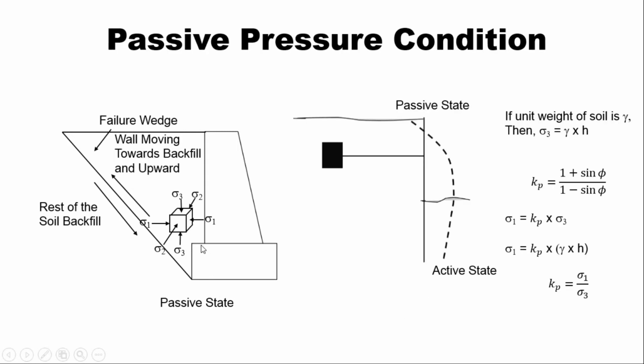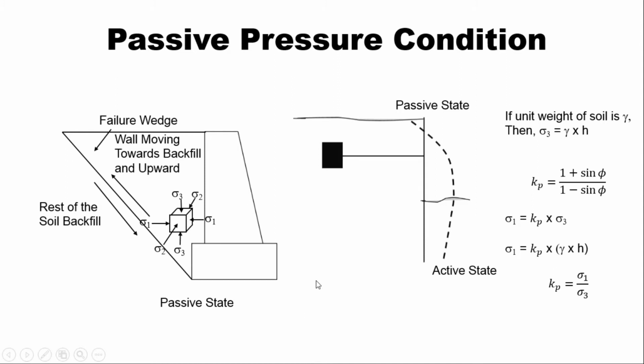In case of passive state, we can see that as the wall moves towards the backfield and in the upward direction, it exerts a large amount of thrust on the backfield, and due to this a failure wedge is developed here, as we are observing in this figure.